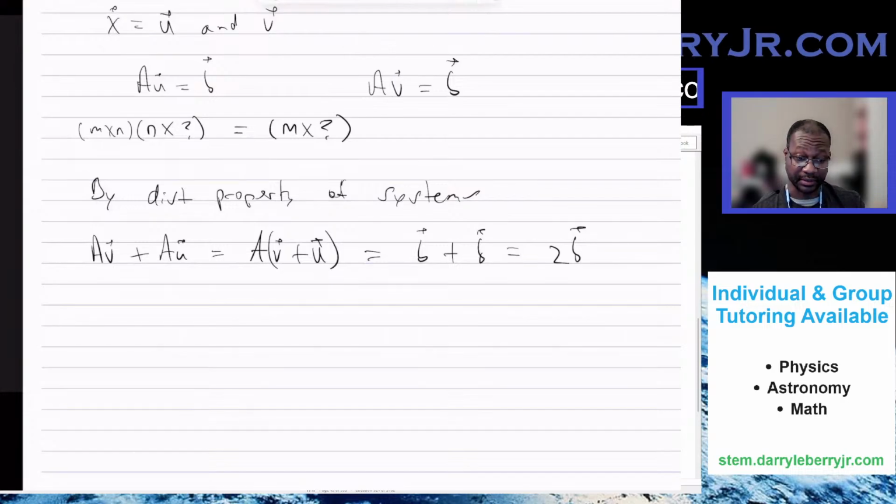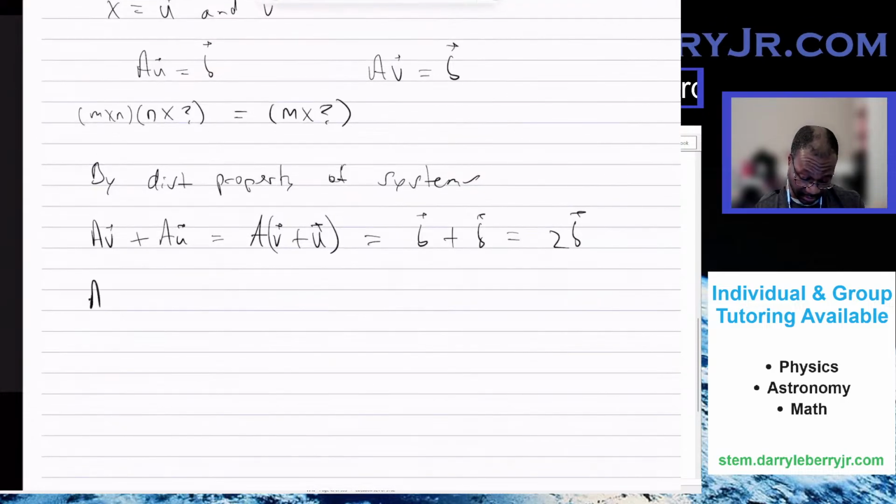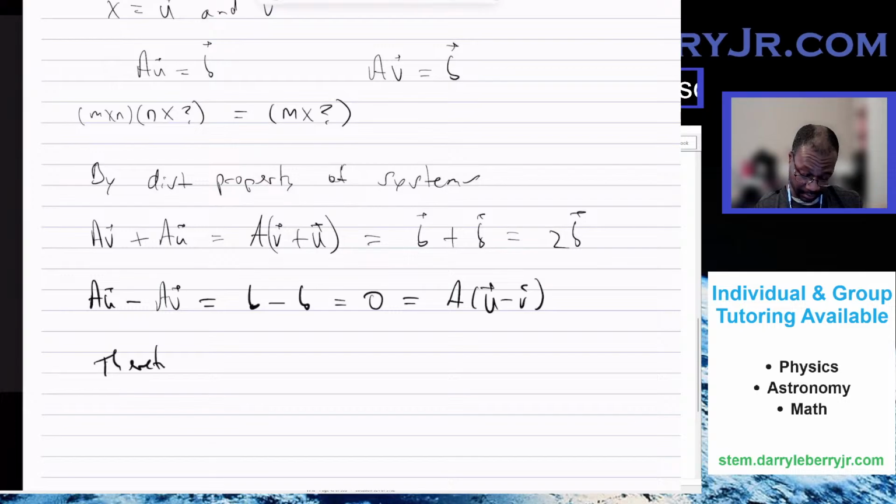But what that also must mean is AU minus AV equals B minus B, which equals 0, which equals A(U minus V) by the distributive property. Therefore, U minus V solves AX equals 0 with X equaling U minus V.